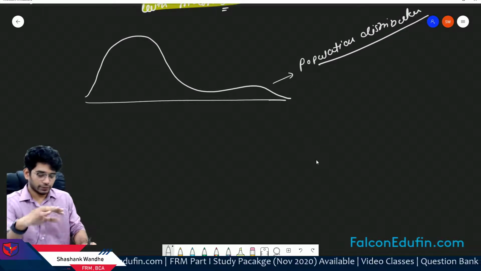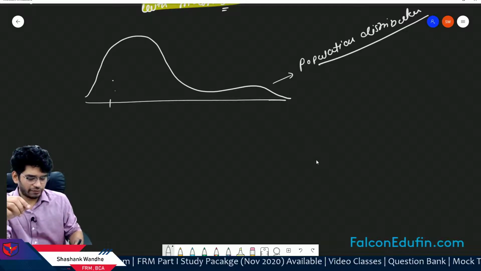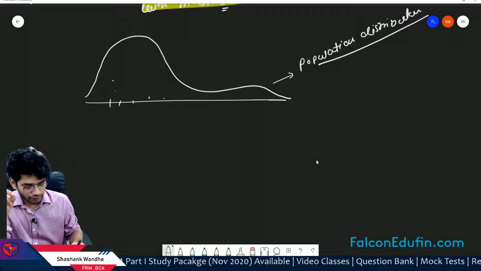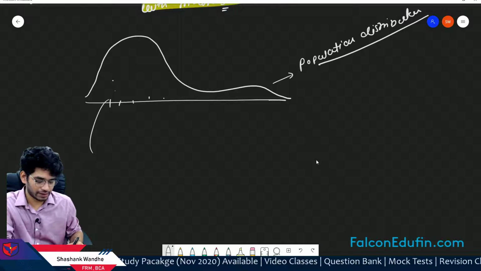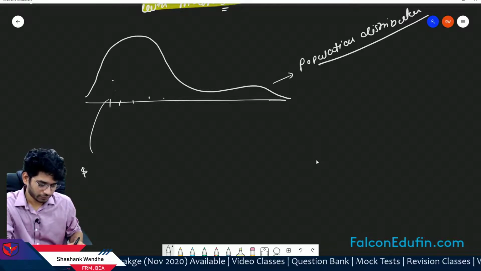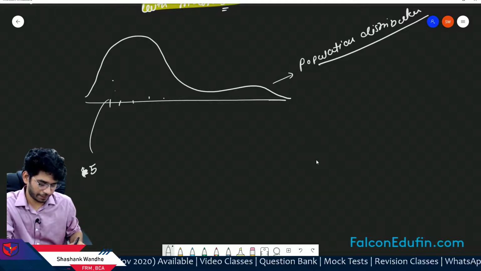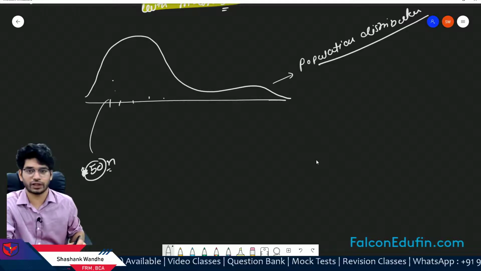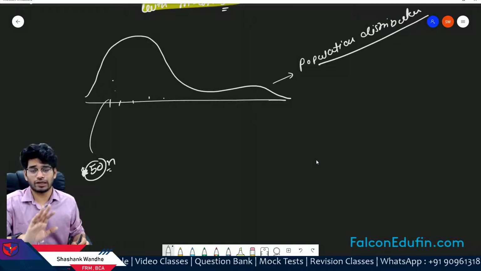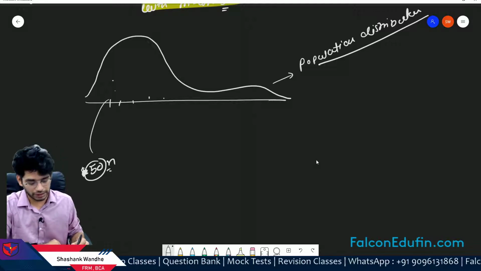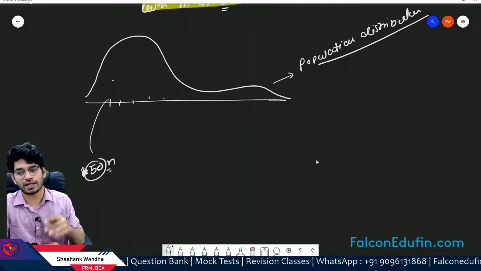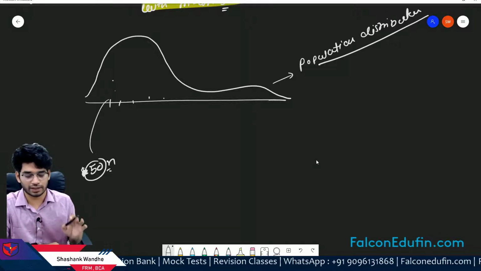We have different sample values. Now we will take a sample, say of sample size 50. So n is equal to 50 here, which is a sufficiently large sample. You have to remember this, a sufficiently large sample. I will tell you what is a sufficiently large sample for the CLT, but for now just remember this.